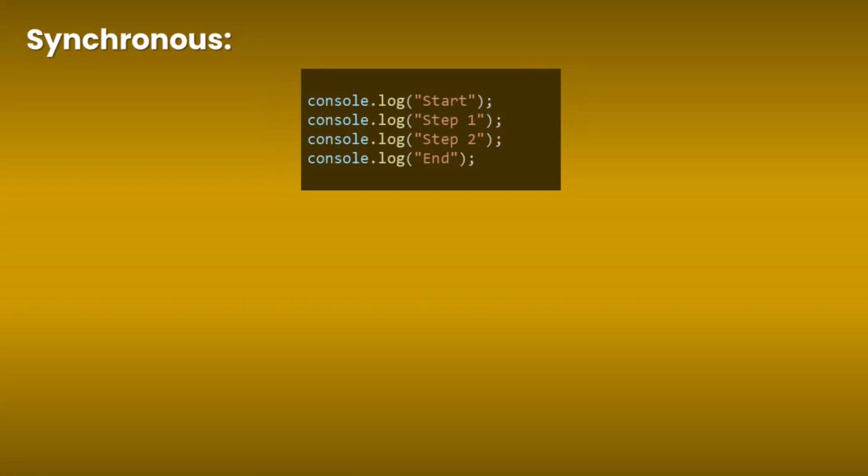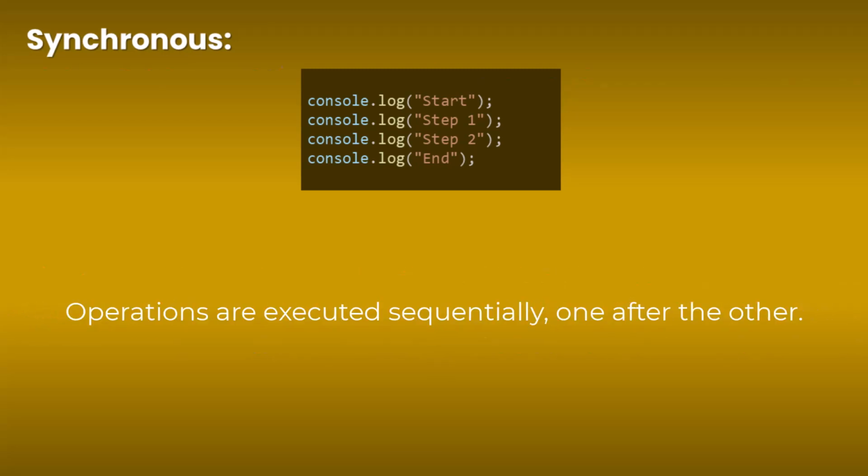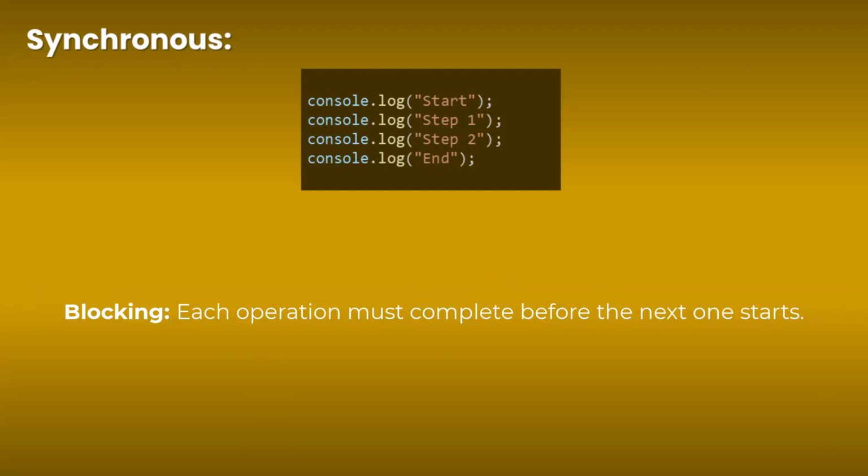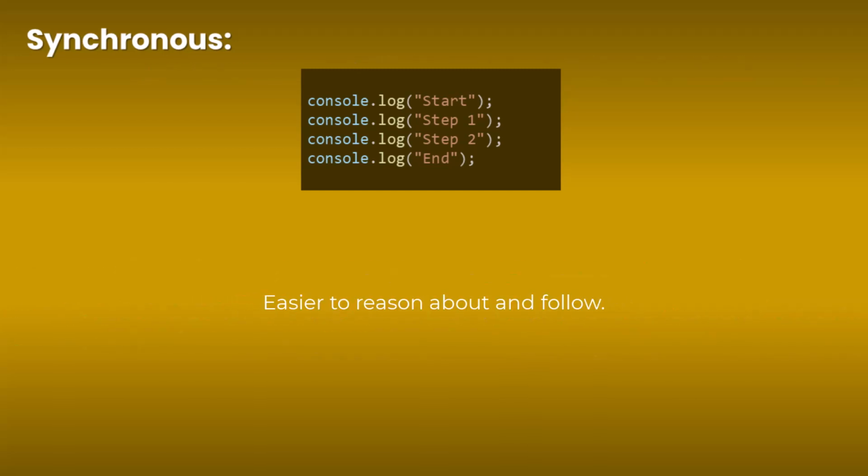Now let me discuss a few key points that you have to remember about synchronous and asynchronous. In synchronous, first, operations are executed sequentially one after another. Number 2, blocking: each operation must complete before the next one starts. Number 3, it is easier to reason about the flow of execution.